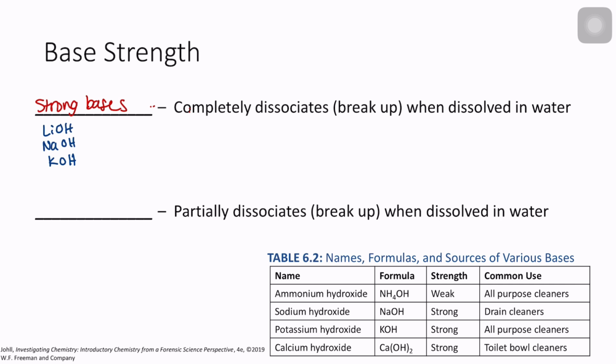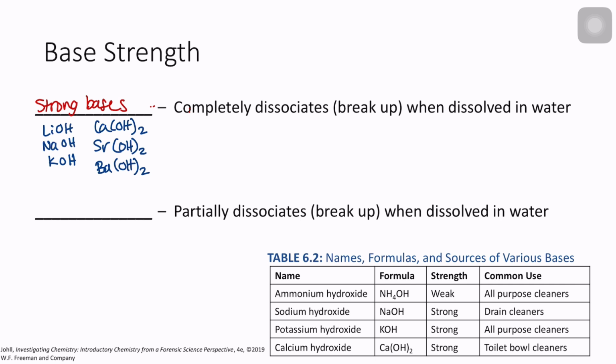However, it's just not nearly as common, so we don't talk about it a whole lot. And then we have calcium hydroxide, strontium hydroxide, and barium hydroxide. So these are the six strong bases.